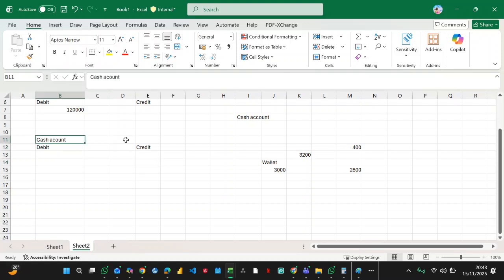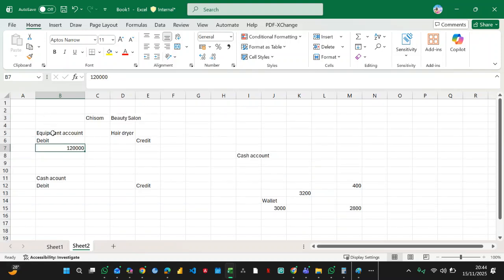Okay, in very simple understanding of this thing, what happened here is: cash goes into the debit side. We are talking about the cash account, right?